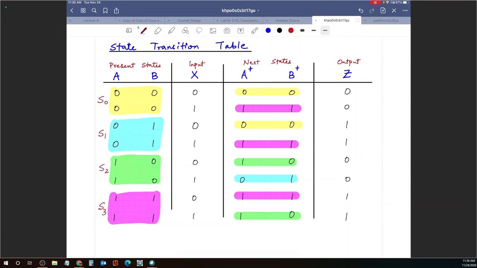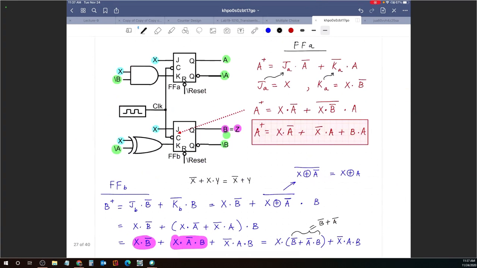I guess now I can ask you the question, how many flip-flops do I need to synthesize this? Yeah, absolutely. You see that? Those two are right there.